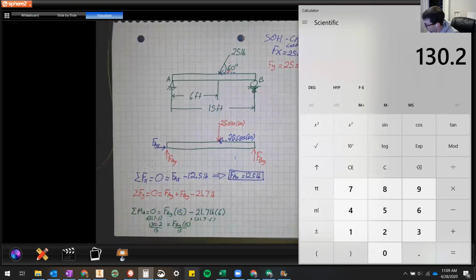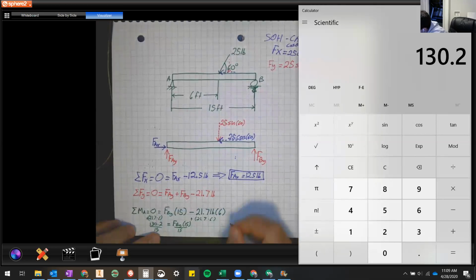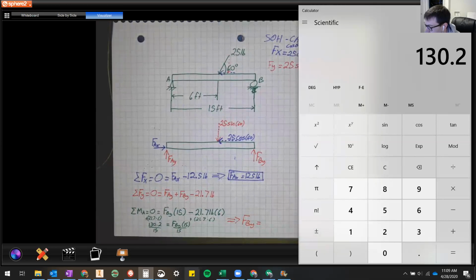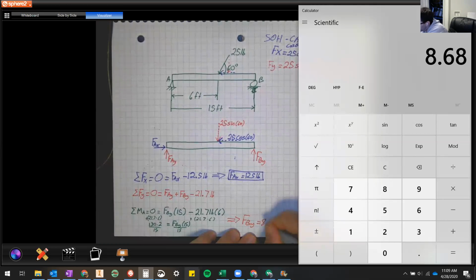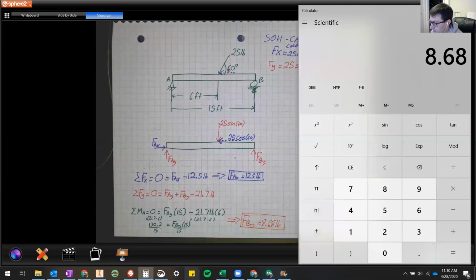Now over here, I can write FBY is equal to 130.2 divided by 15, 8.68 pounds. So there's another answer. Okay, so FBY is 8.68 because I rearranged and did all of that.